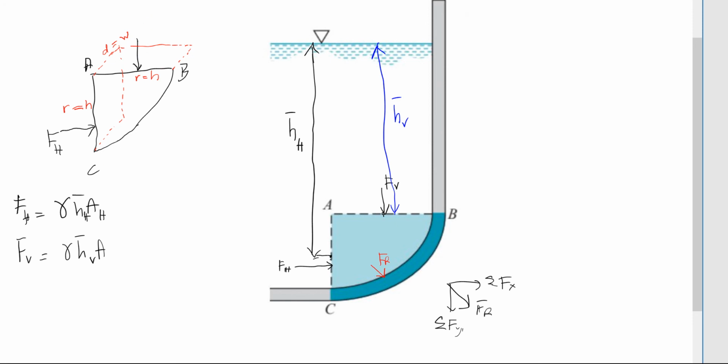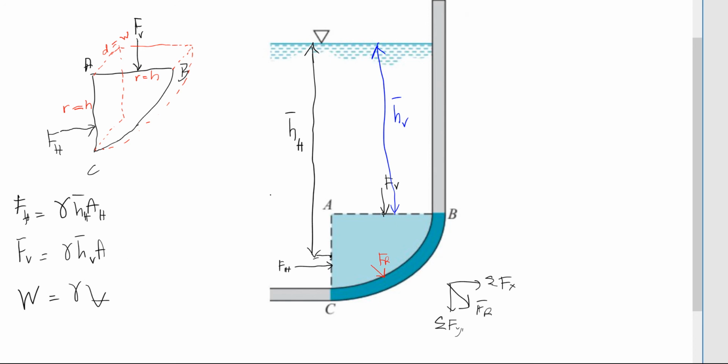Since the force here is vertical, the area is horizontal, perpendicular. And don't forget that inside this volume you have weight, the weight of water inside this volume. Weight can be determined by using specific weight times volume.